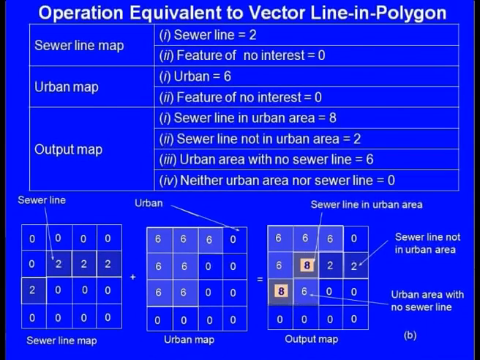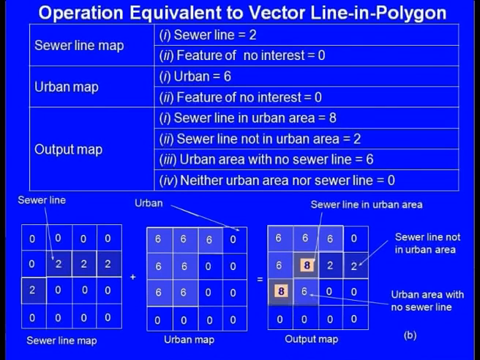Similarly, we can perform vector line in polygon overlay, that is, I can take a sewer line map and take an urban map and superimpose. Here the sewer line map has a value equal to 2 and urban has been provided a value of 6.